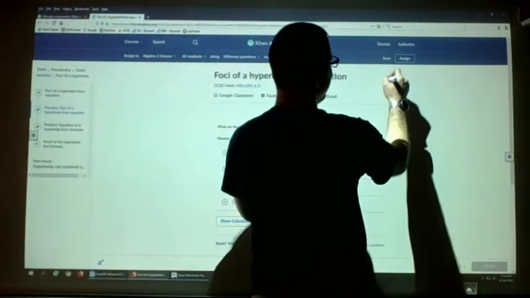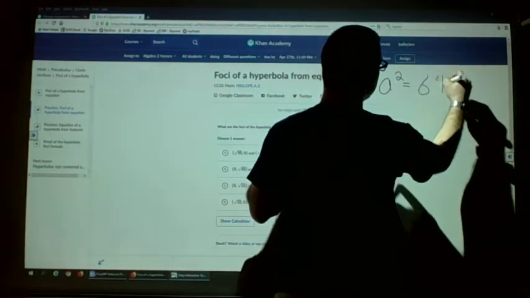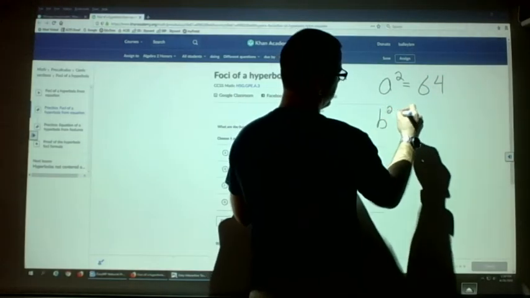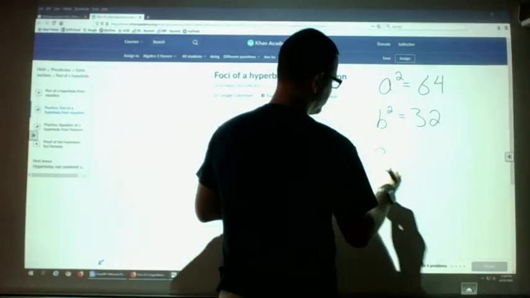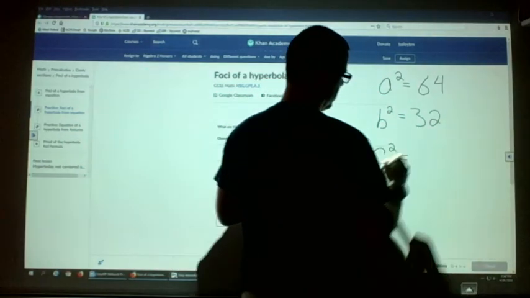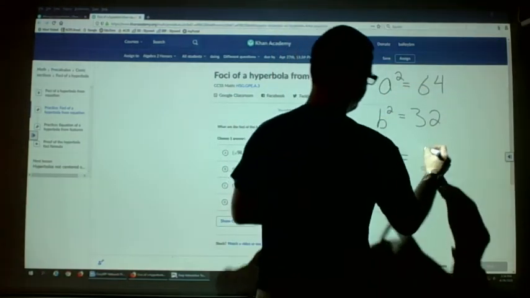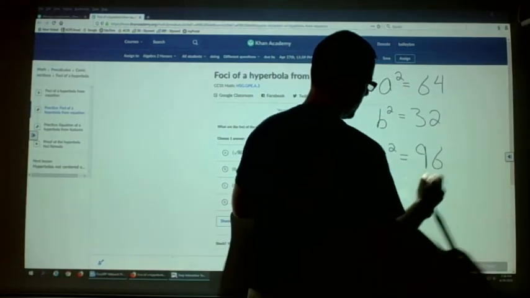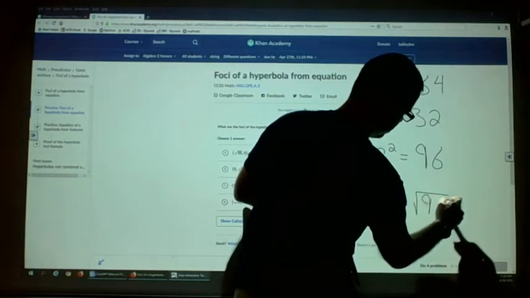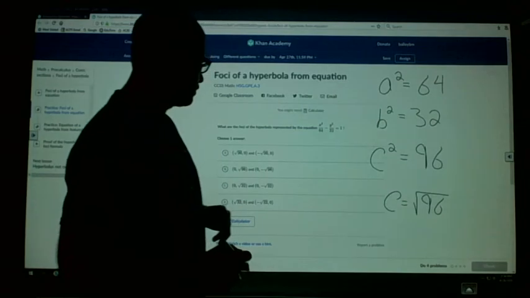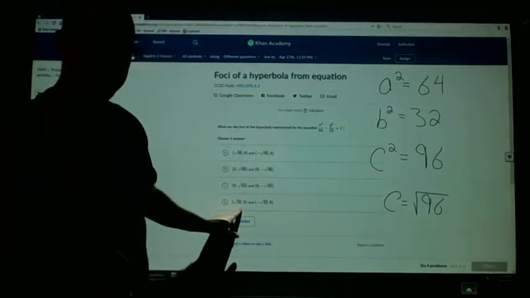So if a squared is 64 and b squared is 32, then c squared is going to be 96. Which means c is equal to the square root of 96, which usually we would reduce, but it seems like that's just what they used in the answer.